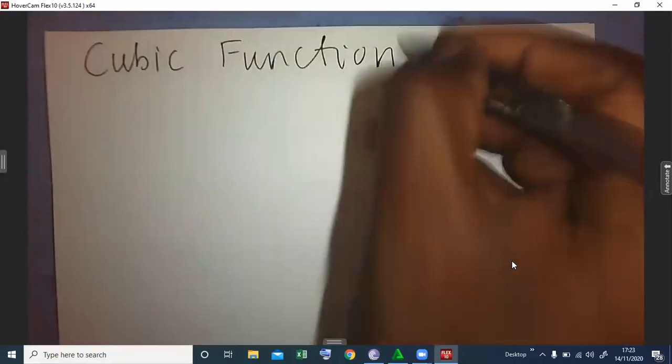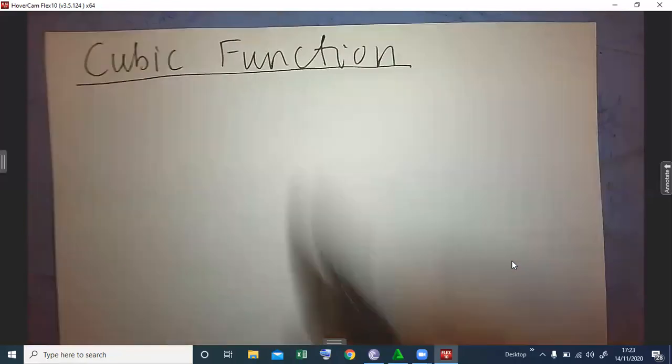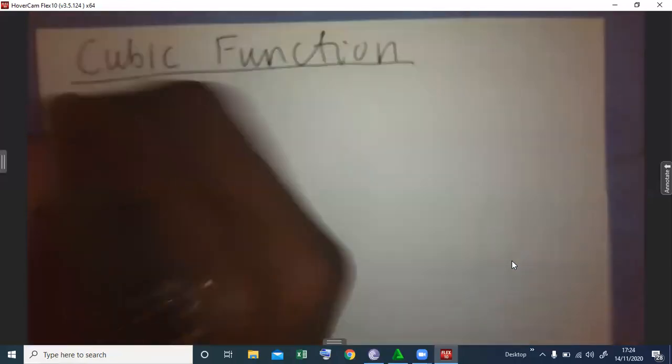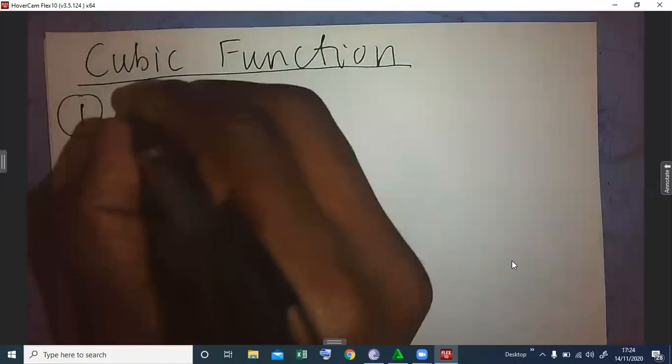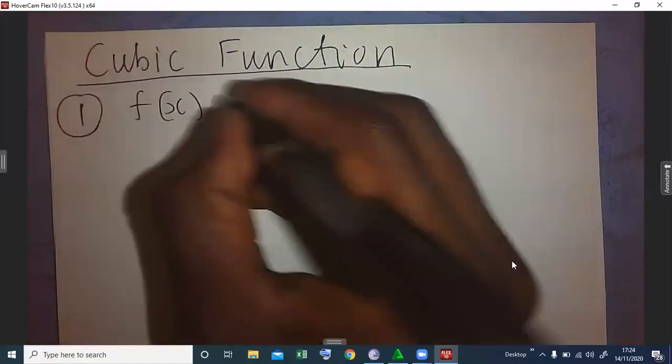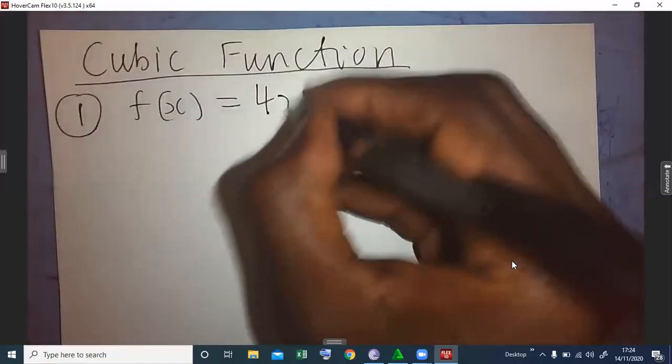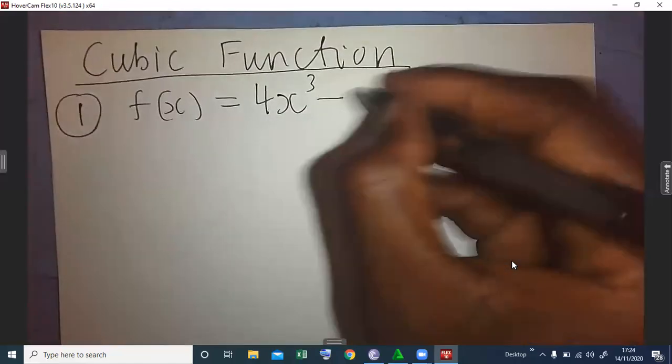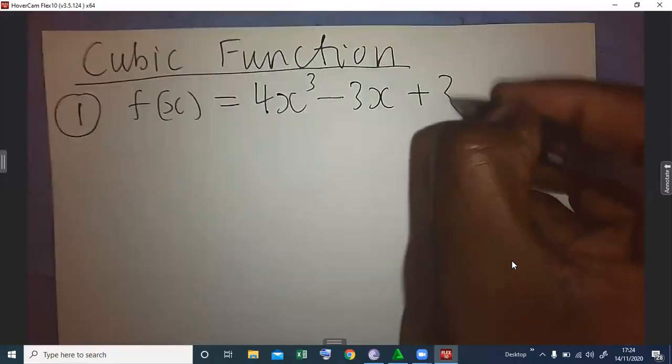For a cubic function, straight away, we are going to use our derivatives. So we are going to have example 1, and we have f(x) is equal to 4x power 3 minus 3x plus 3.